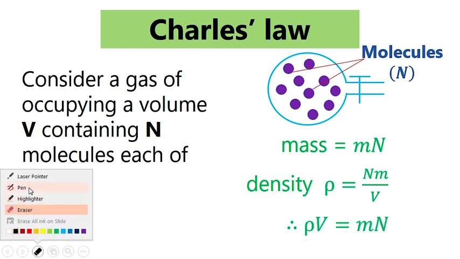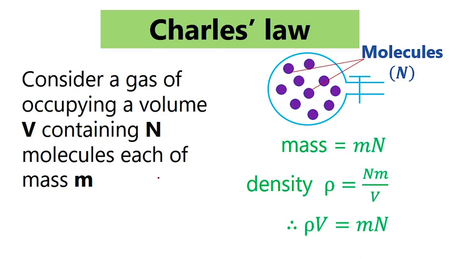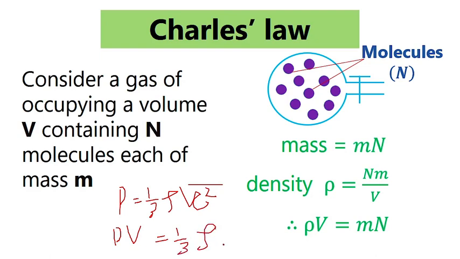I'm doing that for a purpose because when you start from P is equal to a third rho C squared bar, I want to multiply this equation by V. When you multiply this equation by V, you get PV on the left hand side, and the other side you shall have a third rho V, then C squared bar.